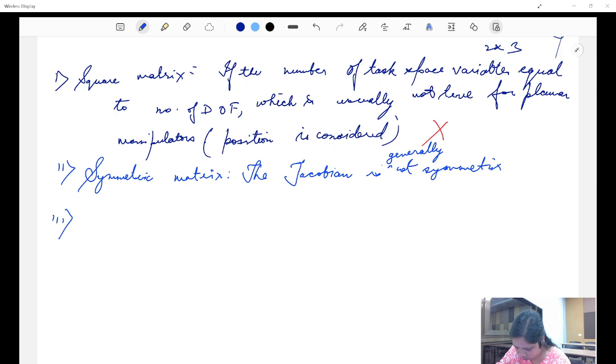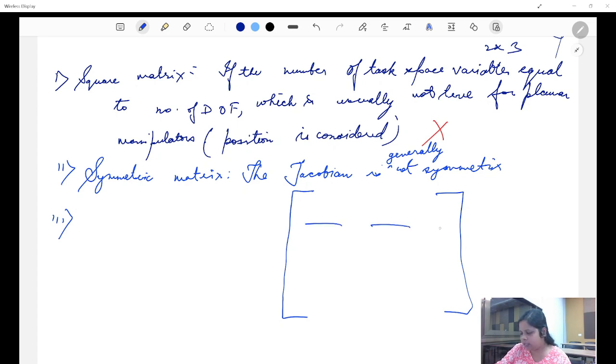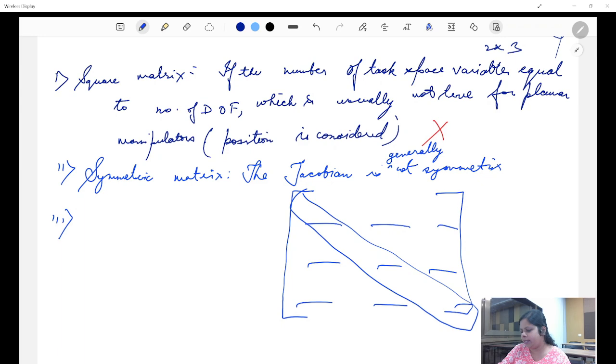If a matrix is given in square matrix format, then we can take the individual determinants, and if all the individual determinants are greater than 0, we can say that that matrix is positive definite. Right, very good. So you basically take the determinant of all the minors, along the dominant minor.